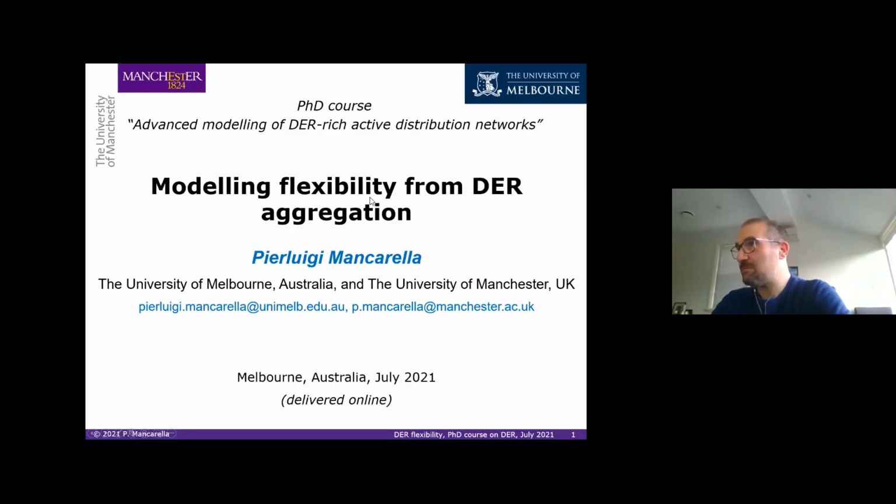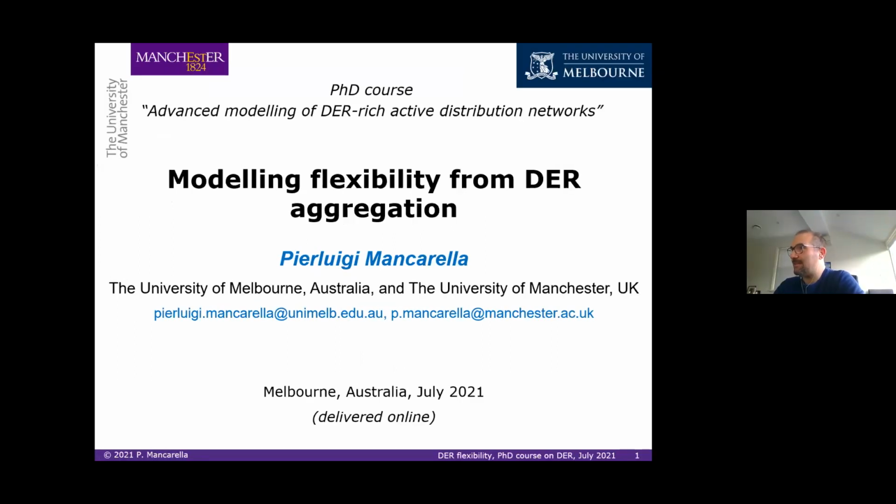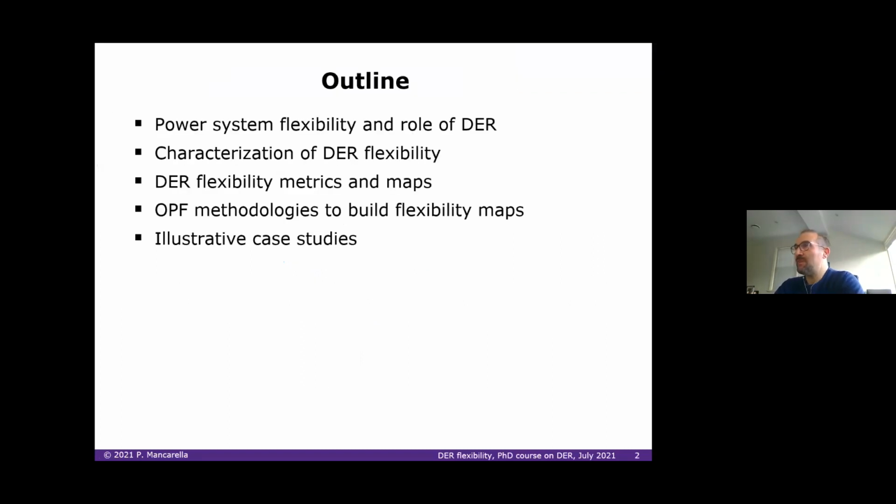So as I said, the first block is about understanding better the flexibility from distributed resources, particularly looking at the aggregation of distributed energy resources. What I will cover is really general aspects of flexibility, just so that everyone is on the same page, and how we would characterize DR flexibility, particularly through metrics and maps that explain what flexibility from DR is.